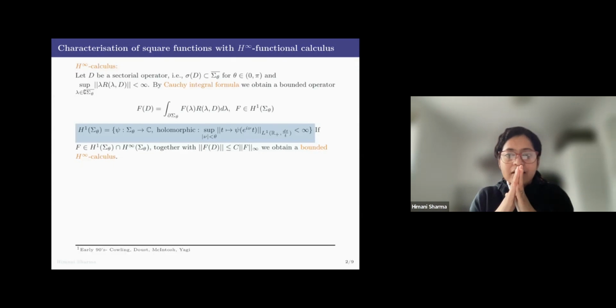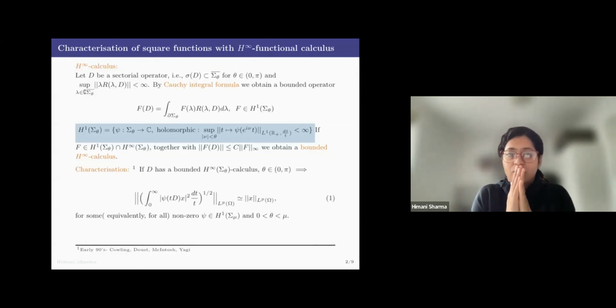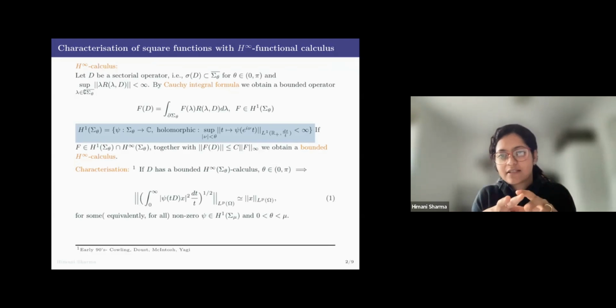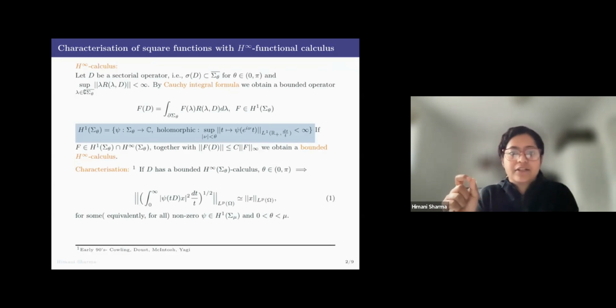This was given in the early 90s by Cowling, Doust, McIntosh, and Yagi: if D has a bounded H infinity functional calculus, then we can have an equivalence of this square function with the norm of the element of the space that we are taking here.